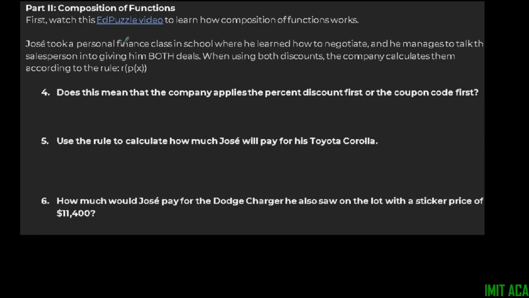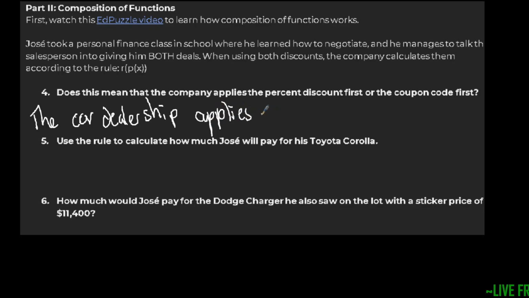So for number 4, what does it say? It says, does this mean that the company applies a percent discount first or the coupon code first? So let's say the car dealership applies the percentage first.